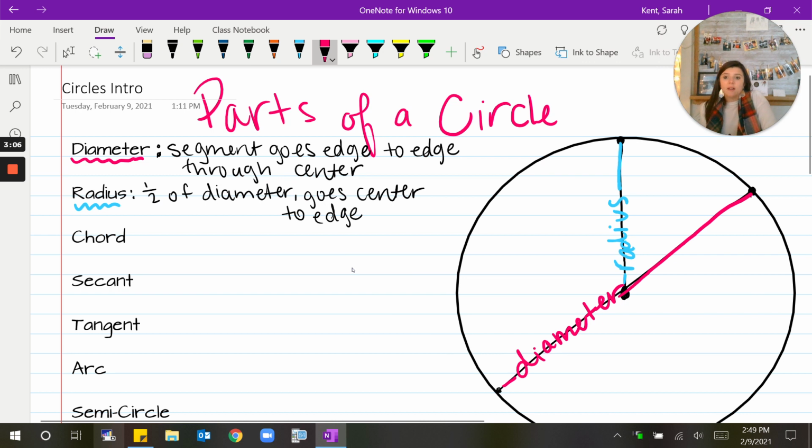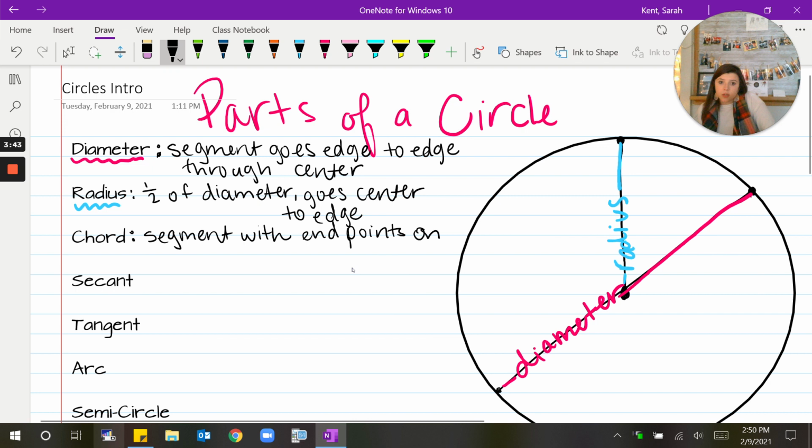So next we have a chord. So a chord is a segment. So it's a piece of a line with endpoints. So it starts and stops with endpoints on the circle.